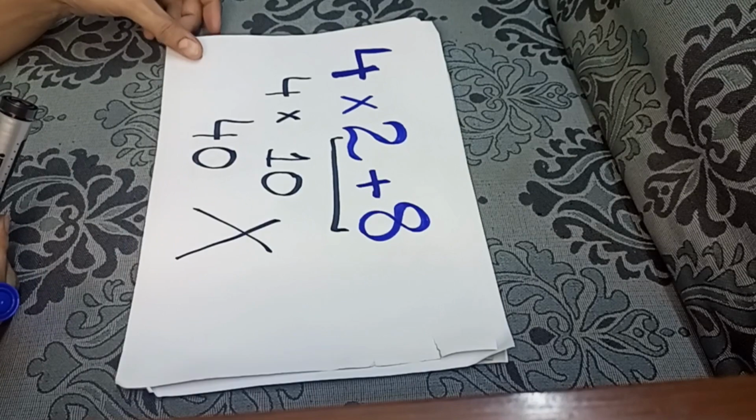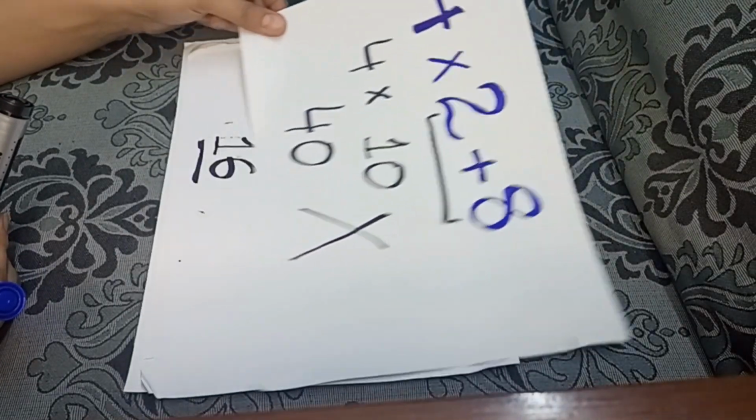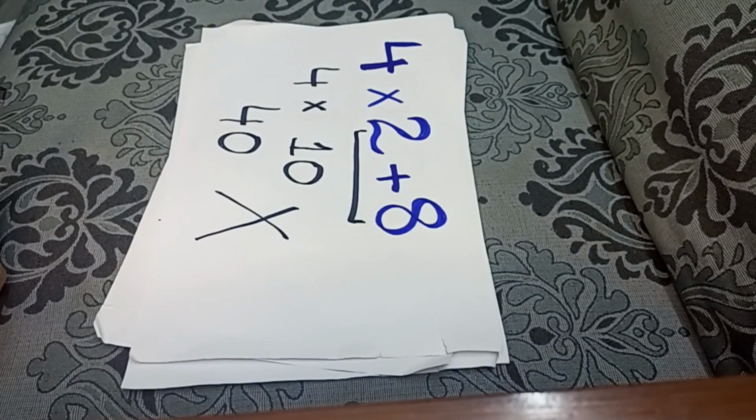And according to BODMAS, the correct answer of the equation is 16, not 40. I hope the use of operations is pretty clear to you. Note, start divide and multiply from left to right since they perform equally. Start multiplication and addition and subtraction also from left to right since they also perform equally.